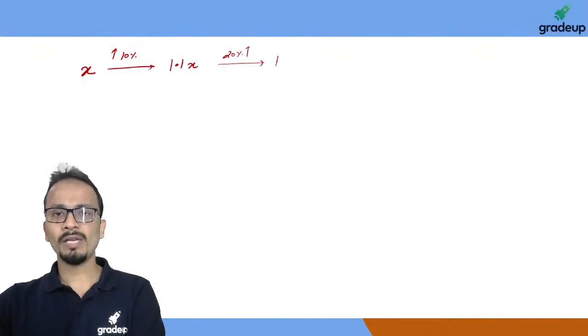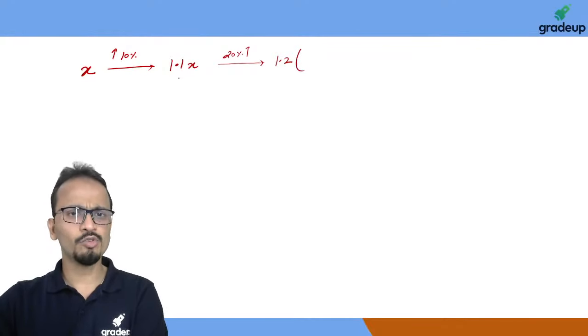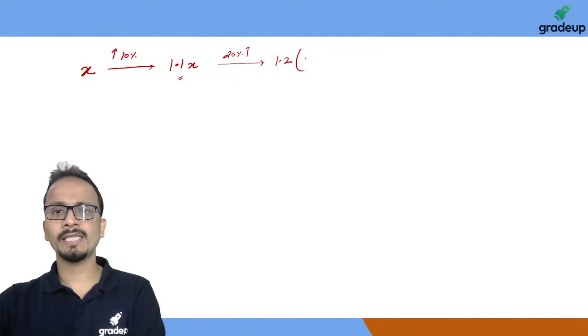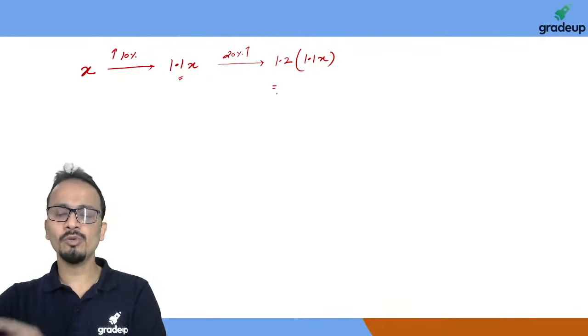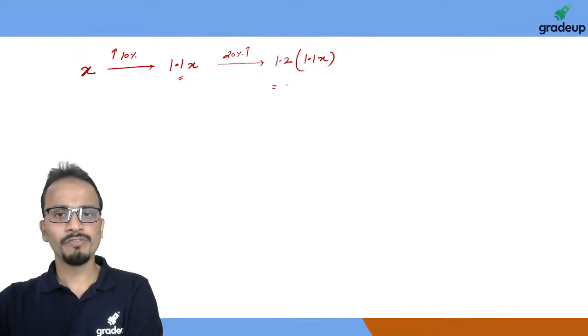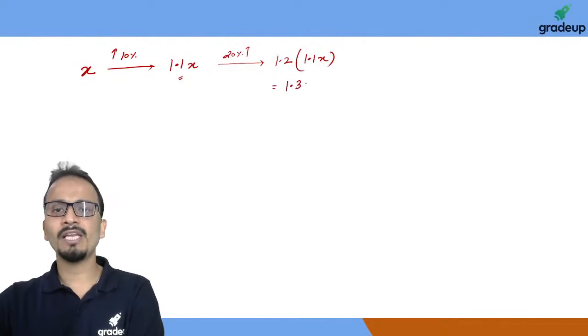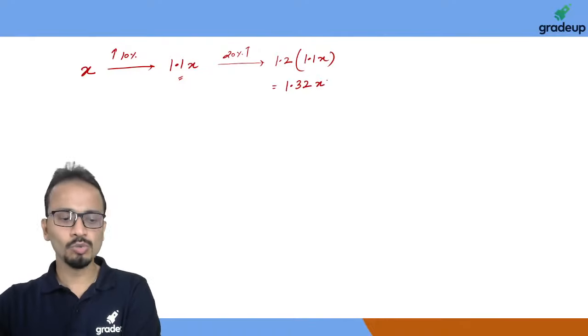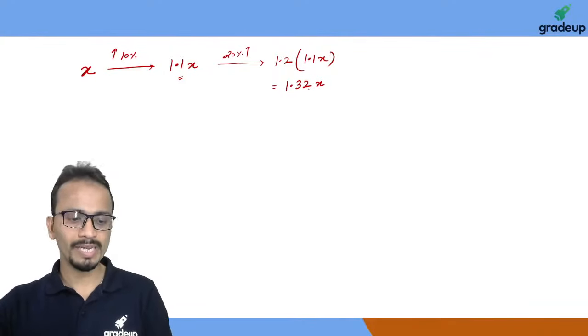Now this factor 1.2 will be multiplied by the value 1.1x. So the final value is 1.2 multiplied by 1.1x. If I multiply them, I'll get the final value as 1.32 times the original value x.